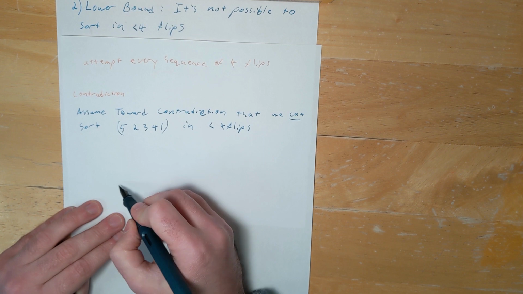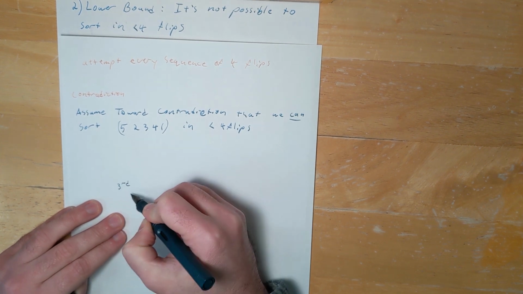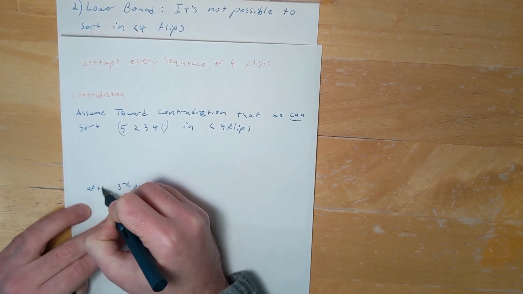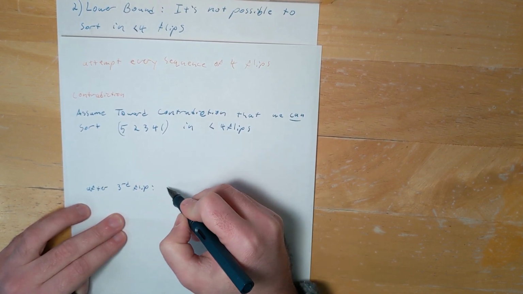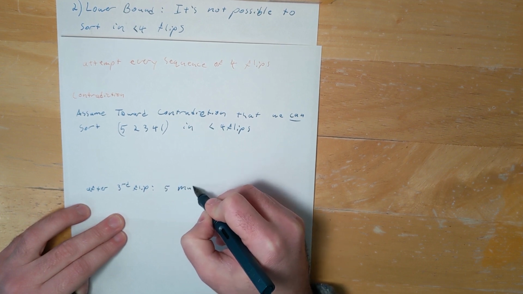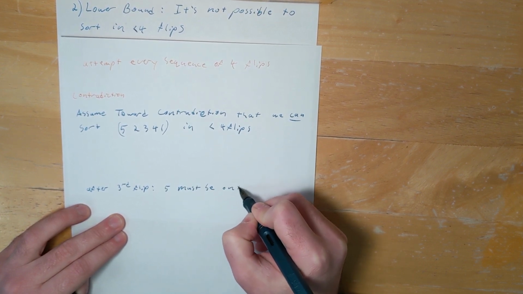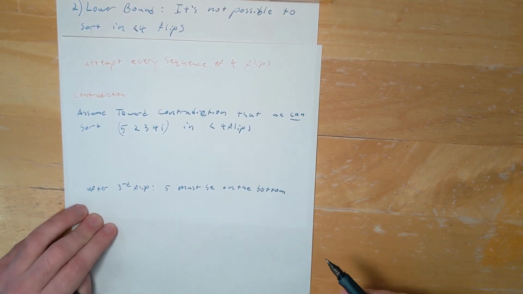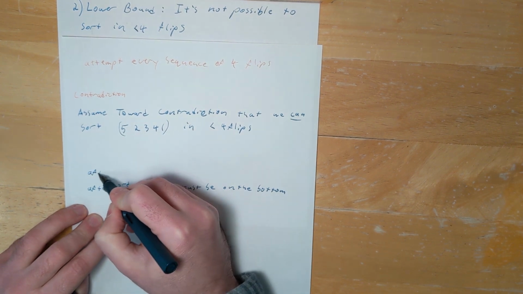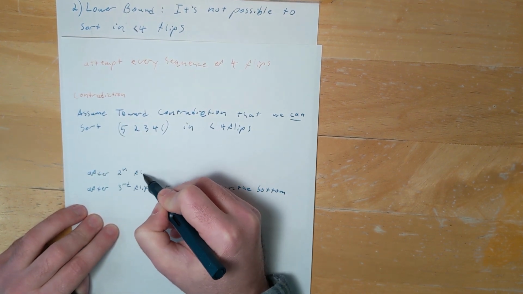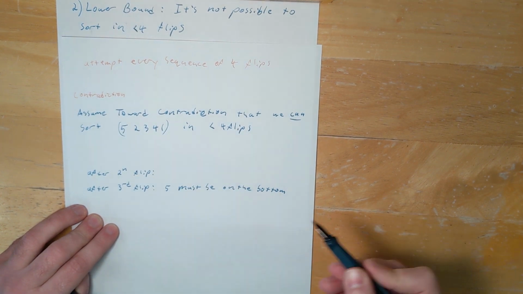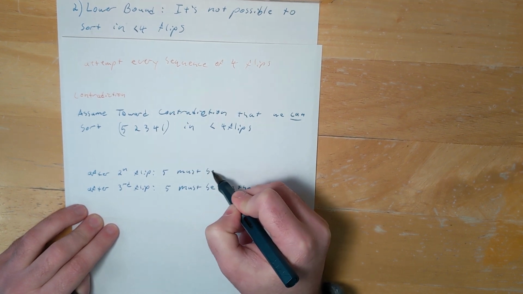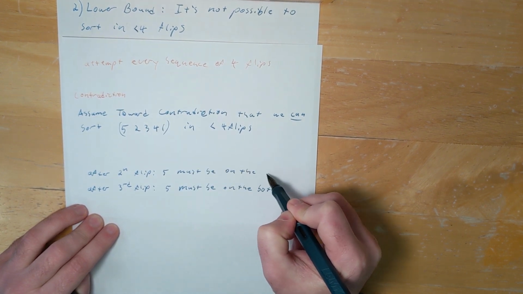So that means that after this third flip, we definitely know that 5 must be on the bottom to sort in 3 flips. Which means that after the second flip, because of our gold star rule, 5 must be on the top.